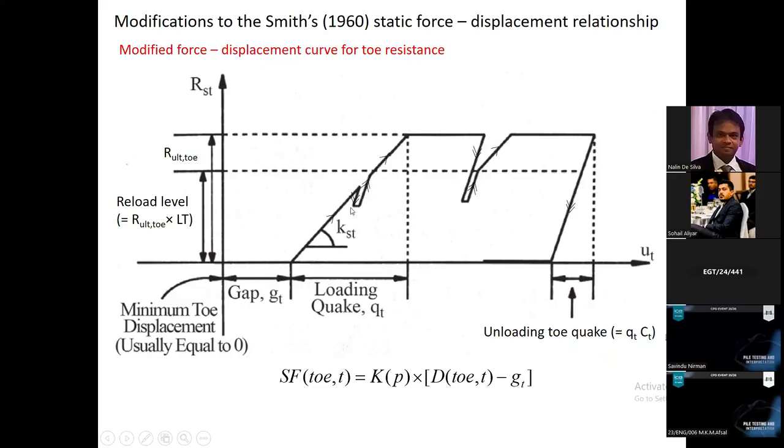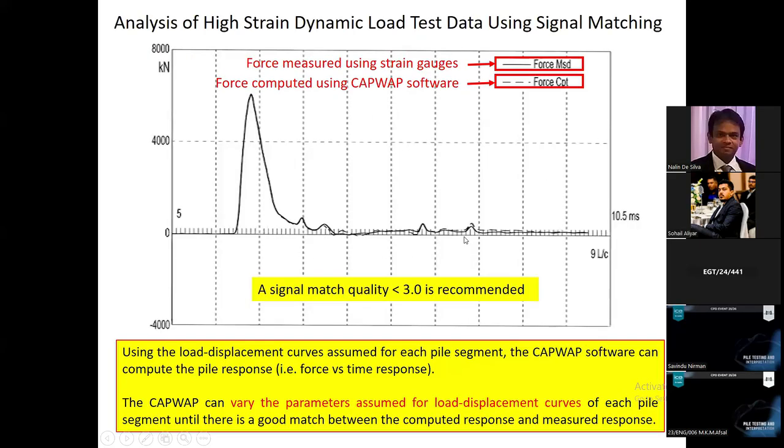Ultimate values, stiffness values, quake values, everything will be changed by the software until there's a perfect match. This is almost impossible to do manually. It can only be done by computer software at the office. You can't do it in real time, during the test.